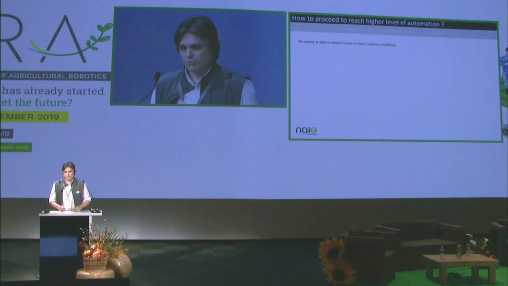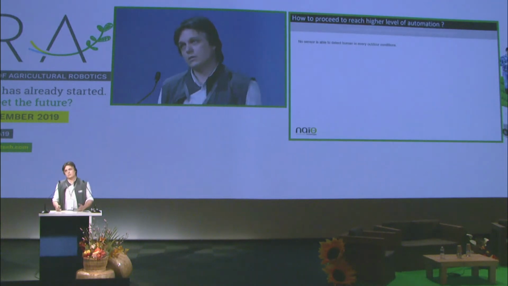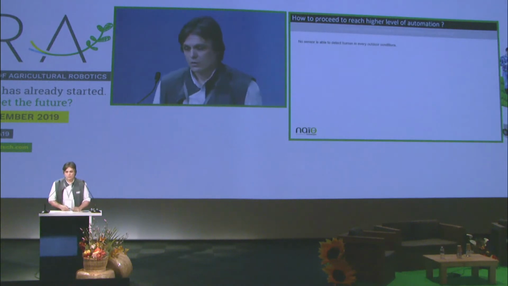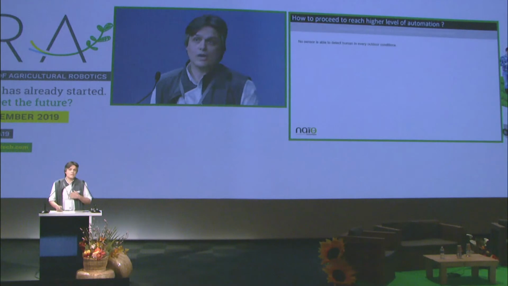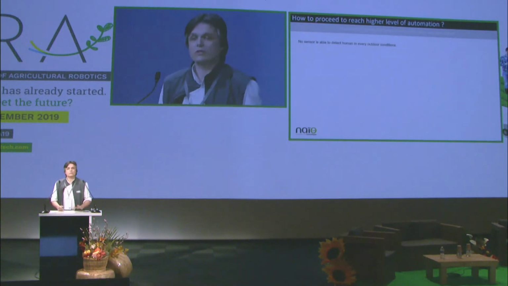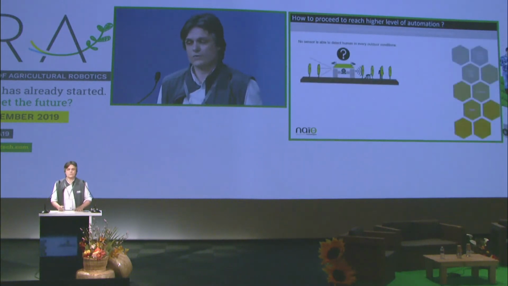So how to perceive the obstacle? It's clear that depending on the use case, it's more or less difficult. What we can say today is that we do not know any sensor which is able to detect humans in every outdoor condition which is met by the machines in the agricultural world. So for us, that's a basic statement.